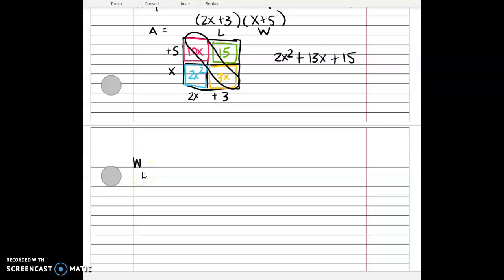The fourth method, way number 4, is a favorite of a lot of people as well. The only issue with this one is that it only works for binomial times binomial, so I might even put that.